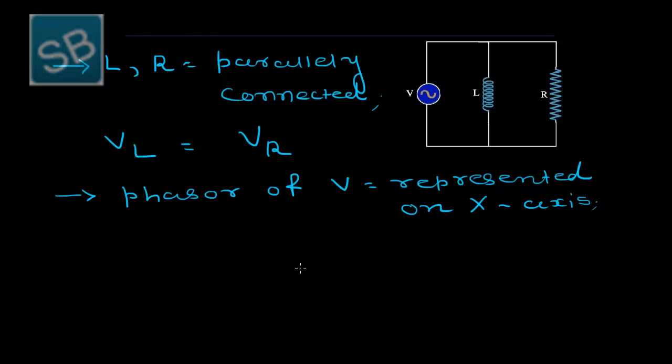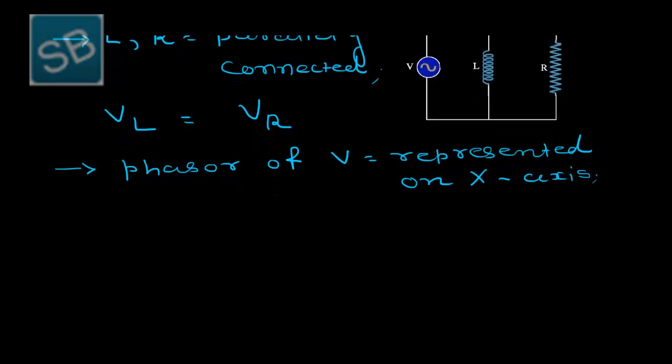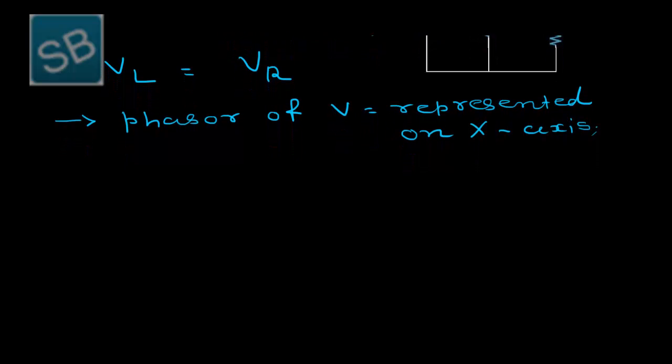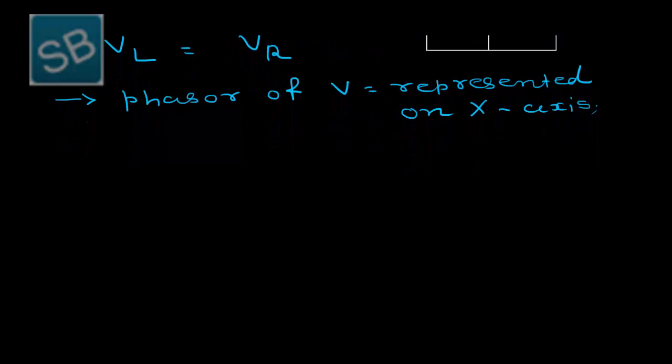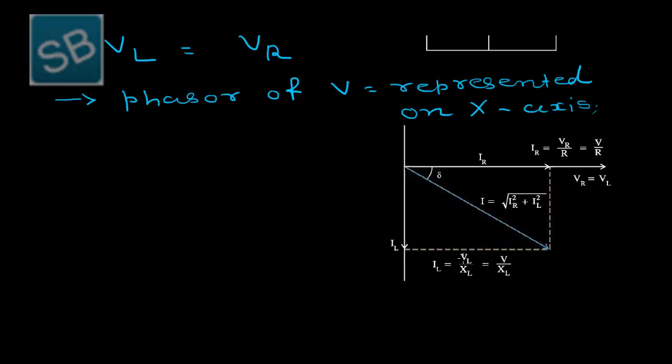According to the characteristic, the phasor of current is given by this figure, in which you can clearly see the phasors of current in the inductor and the resistance are shown. So here VR is equal to VL, which we have already assumed.